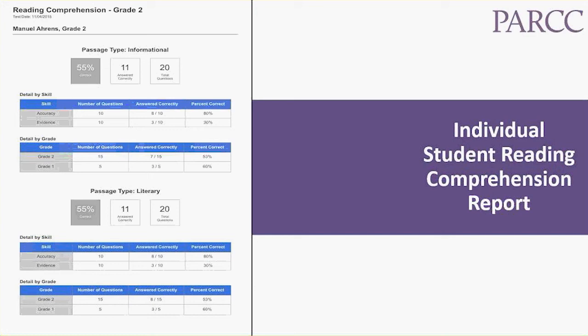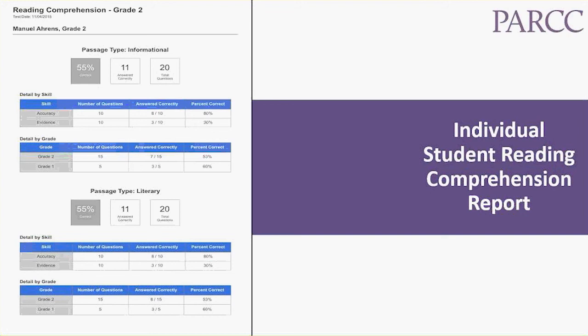We get both the number of items that a student answered correctly as well as the total number of items and then the percentage. That's sort of global information for the teacher. But then you're going to see that detail by skill that really is the diagnostic data piece for the teacher, where we can see by skill, whether it's accuracy or evidence, how students did.